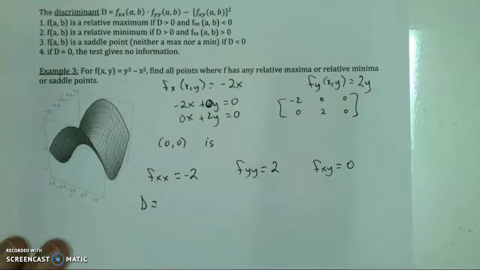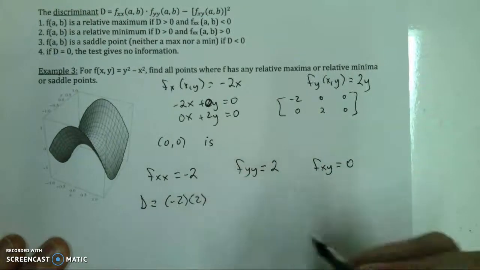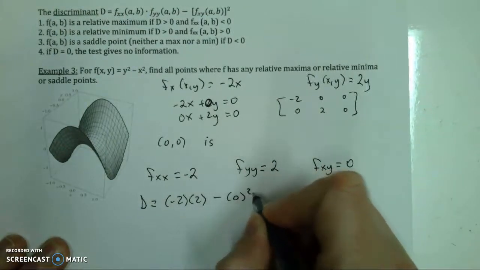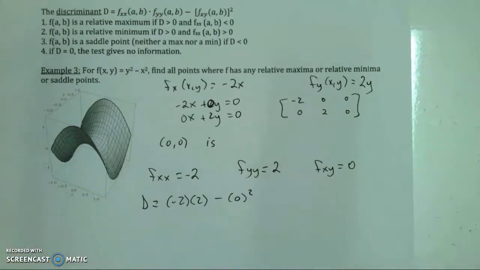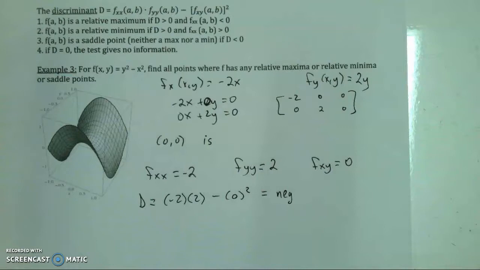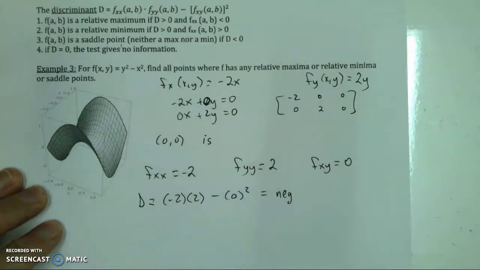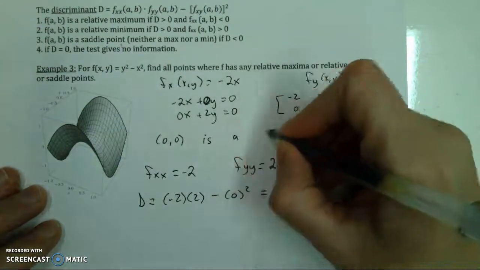So my discriminant, again there's my formula, is fxx times fyy minus fxy quantity squared. Now once again, I don't care what that number actually is. All I care about is if it's positive or negative. This time I did get negative, so if I check, that means that critical number is a saddle point.